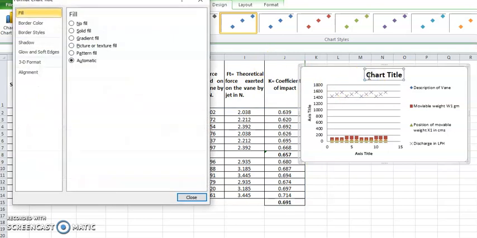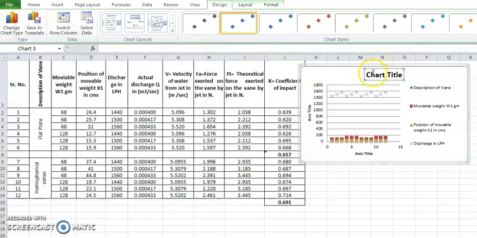Here you can write the name like variation of discharge with forces for flat plate. Okay.